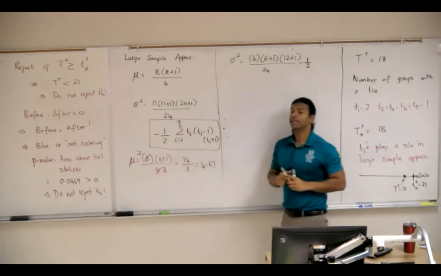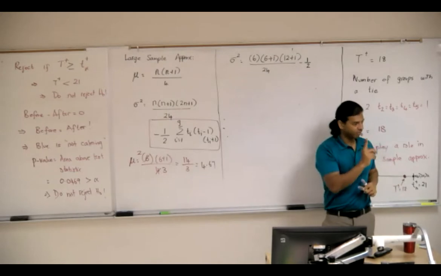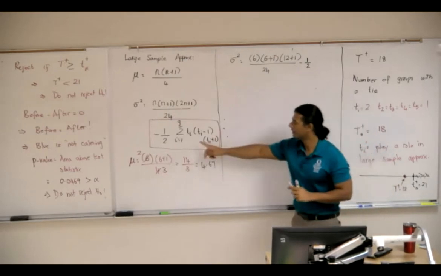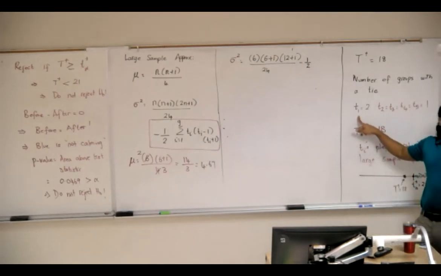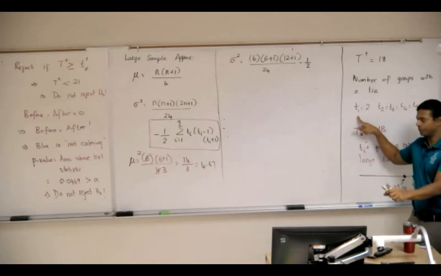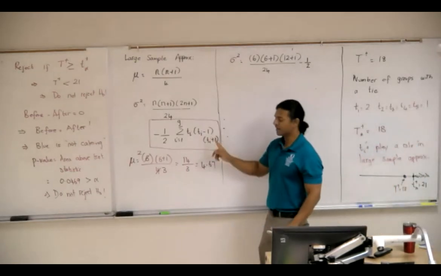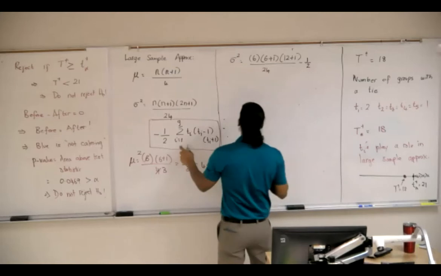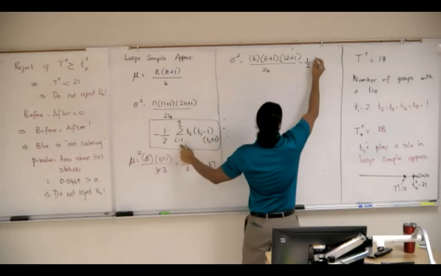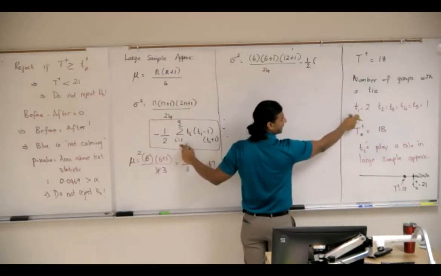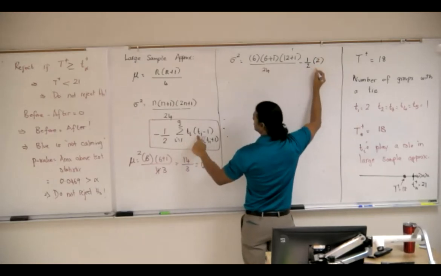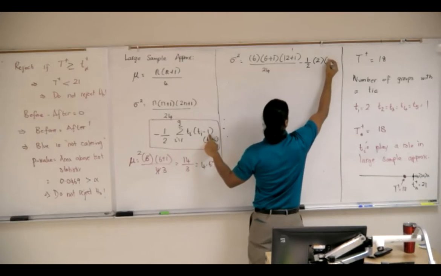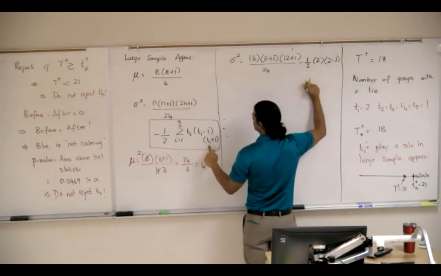There is only one tie group, and that is i equals 1. With me? Every other group doesn't have a tie, it means it has only one observation. 1 minus 1 would become 0. So minus 1/2, the number of ties in the group, so t_1 is 2, times (t_1 minus 1), 2 minus 1, times (2 plus 1).